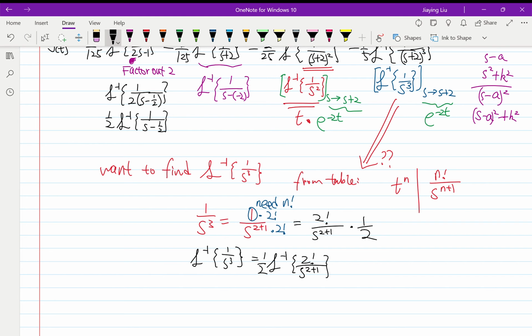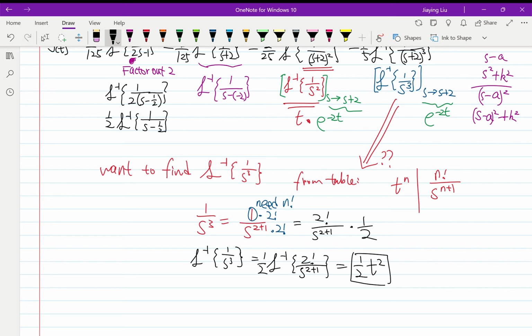And the inverse Laplace transformation of this expression is exactly similar to this, so that will tell us it's going to be t squared. So that's going to be 1/2 t squared from there. Any questions?